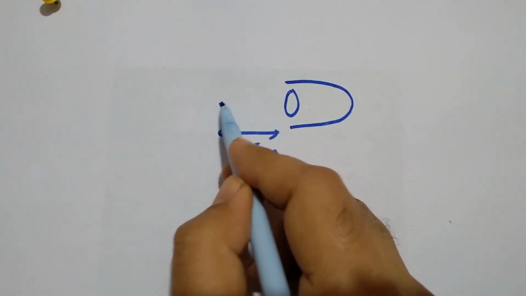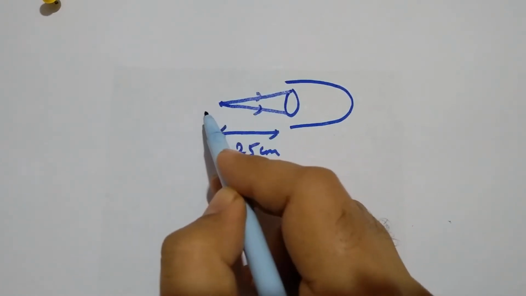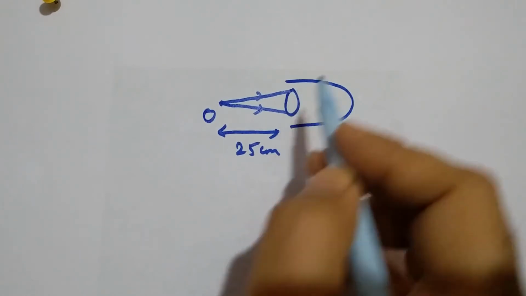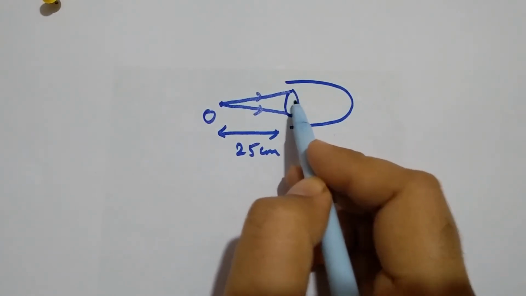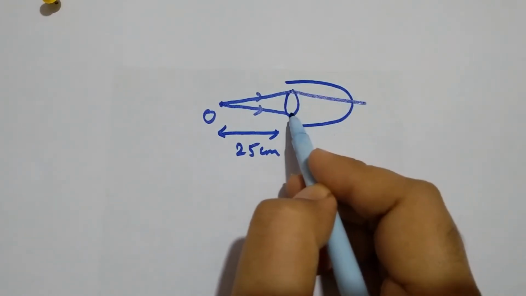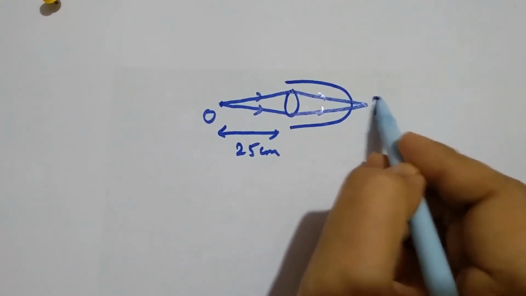Light rays emerging from the object O strike the eye lens. The eye lens refracts or converges the light rays behind the retina where the image is formed.